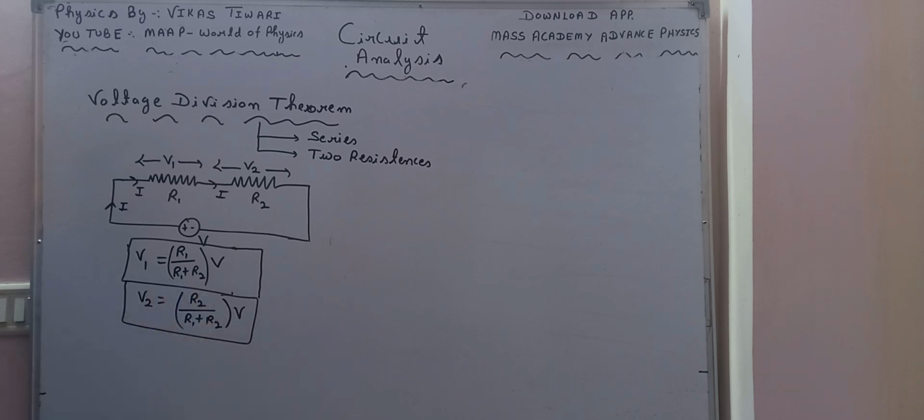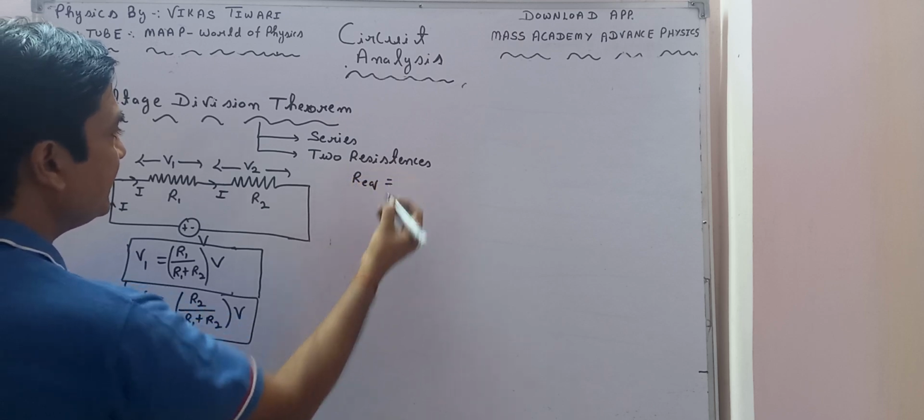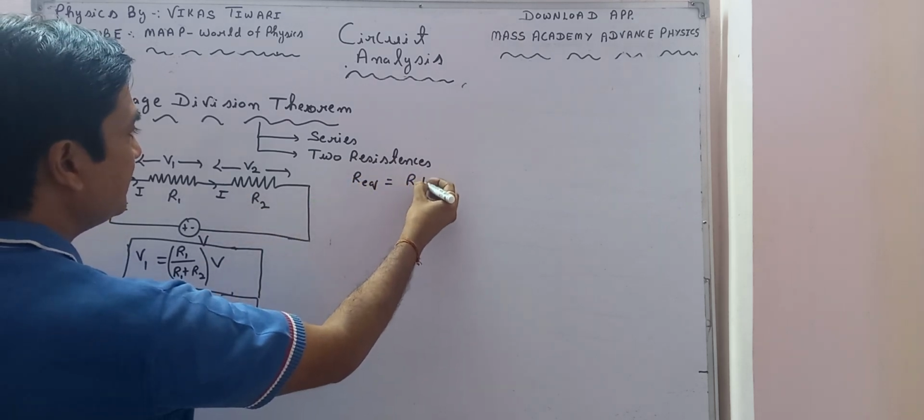If you want the proof, the equivalent resistance of this circuit will be R1 plus R2.